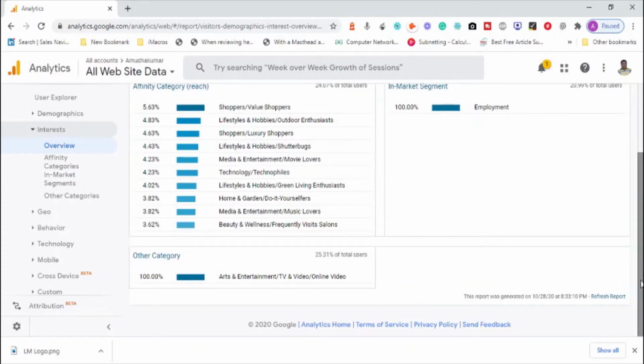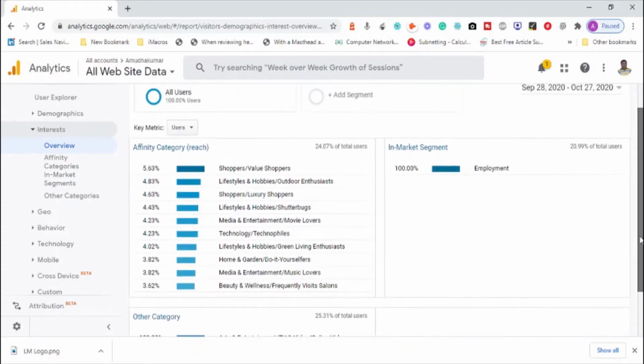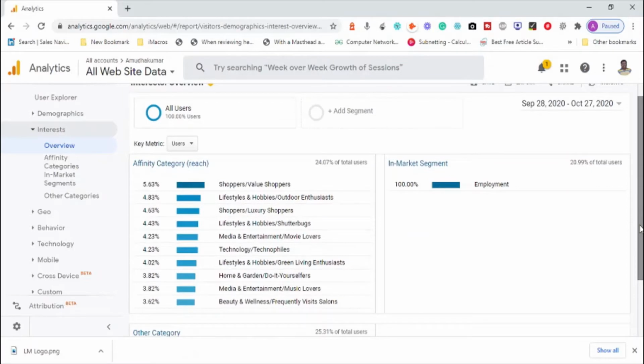The content on the internet is divided into several categories, like shoppers, lifestyle, luxury shoppers, hobbies, media, technology, home and garden, beauty.